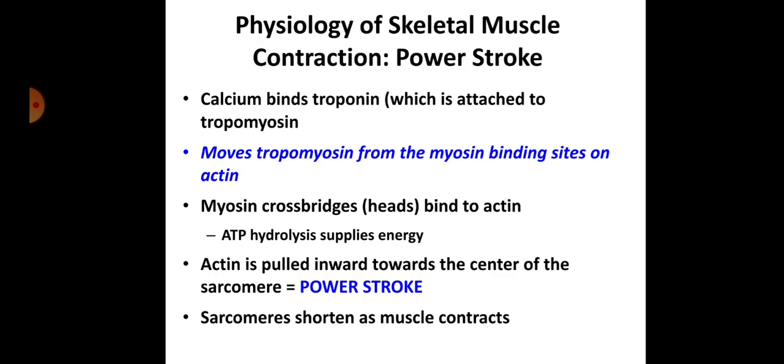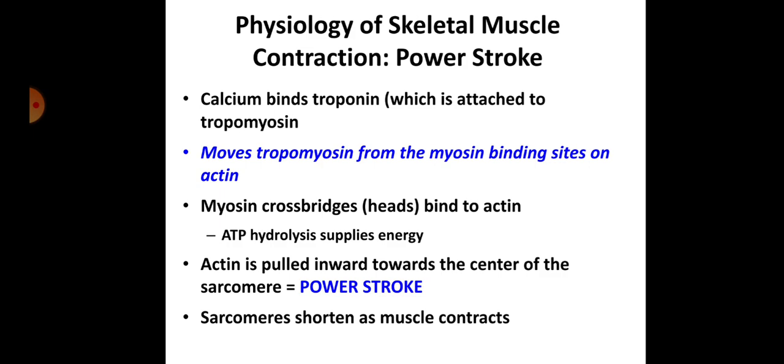Here, calcium binds troponin, which is attached to tropomyosin. This moves tropomyosin from the myosin binding sites on actin.